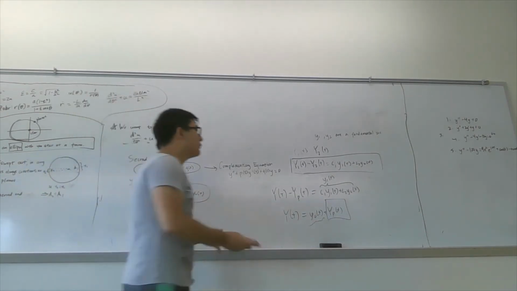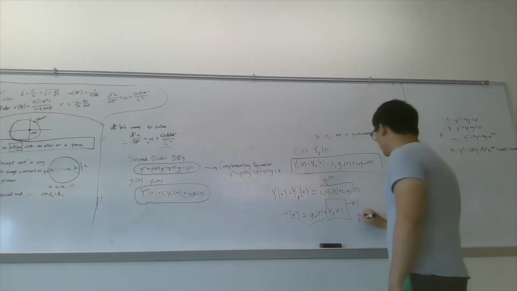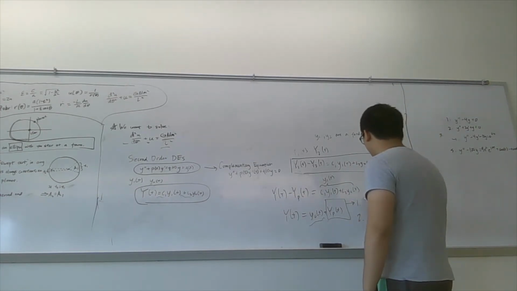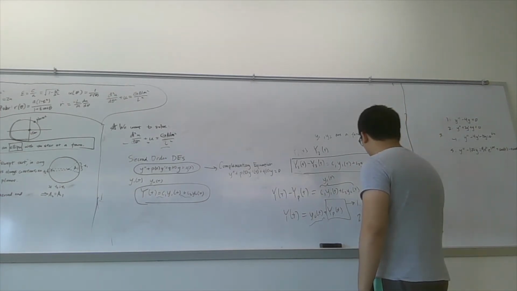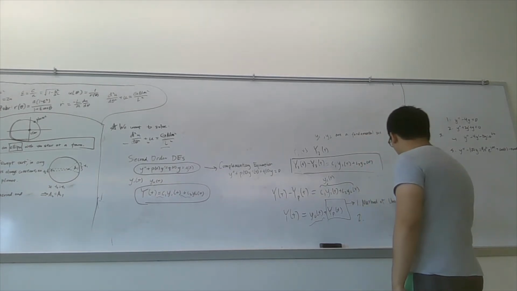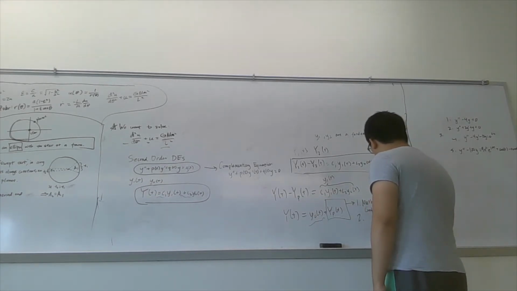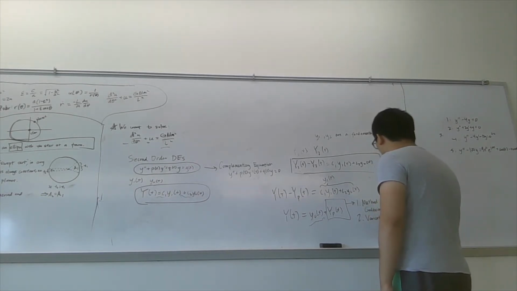And usually, to find our particular solution, we will use two techniques. We will use either the method of undetermined coefficients, or the variation of parameters.